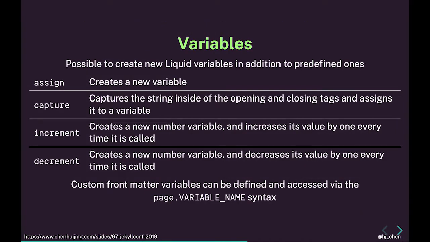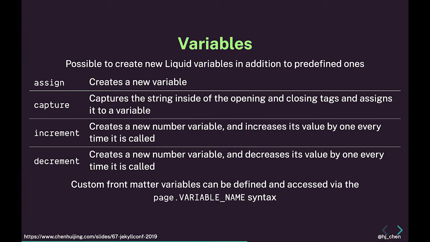So now moving on to variables, again, which are very useful things. Jekyll provides some predefined global and site variables, which cover a lot of common use cases. But Jekyll also allows us to create our own variables. So I feel that there are 2 categories of custom variables.